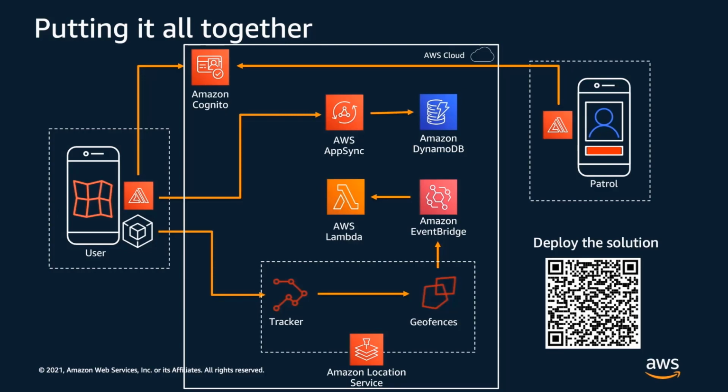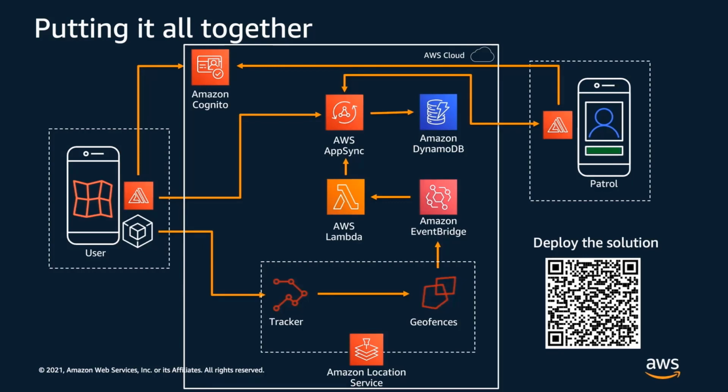Our AWS Lambda function has its sole purpose to communicate that information back to AWS AppSync, which is going to save that information on DynamoDB. And also via subscription mode, it's going to update the patrol app, deeming the user safe or unsafe. So this is how it all ties back together. It is a very simple architecture that is doing a lot of things.